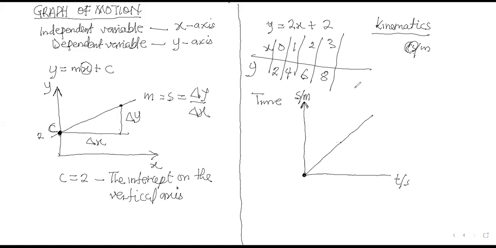So this is for increasing distance in a specified direction. When the distance covered in a particular direction increases, the graph plotted will look like this.